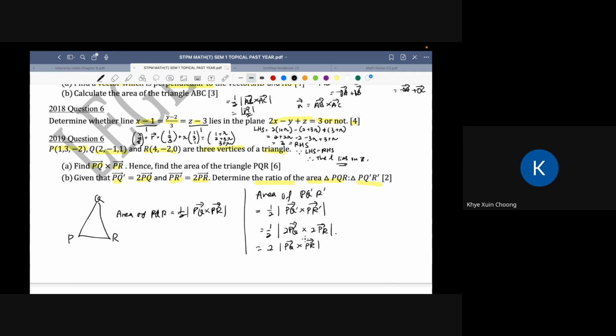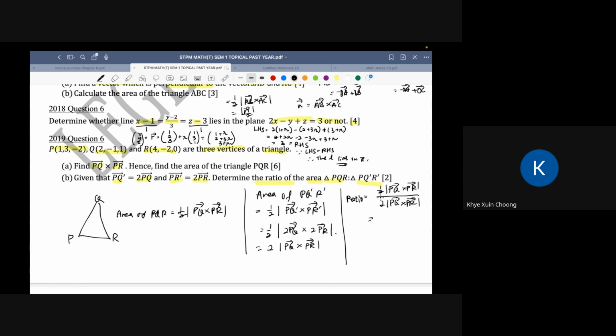So this one is the area of PQ prime R prime. So the area of PQR is this one. So you want to find the ratio, which equals the area of PQR, which is half of modulus PQ cross PR, divided by the area of this, 2 modulus of PQ cross PR.